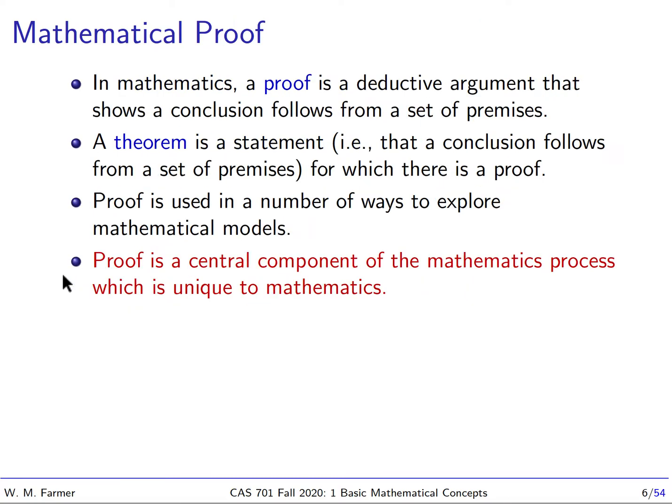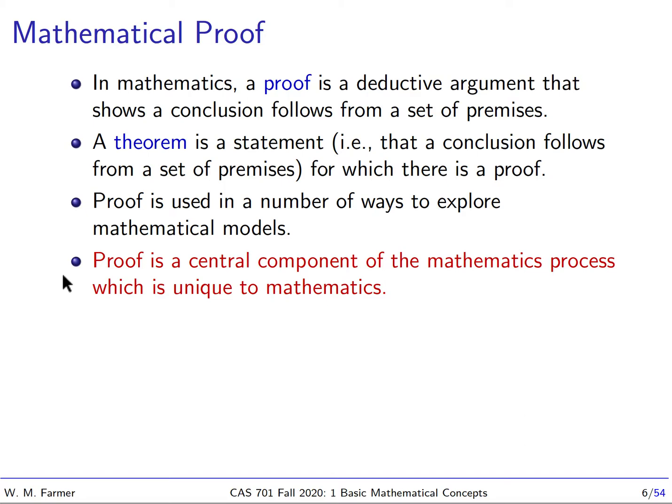Now, in mathematics, a proof is a deductive argument that shows that a conclusion follows from a set of premises. So suppose we have a set of things we believe are true or we want to assume are true. We call these the premises. And then using deductive reasoning, we come to a conclusion that something must follow from these premises.